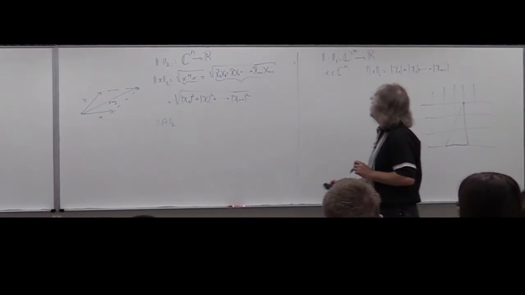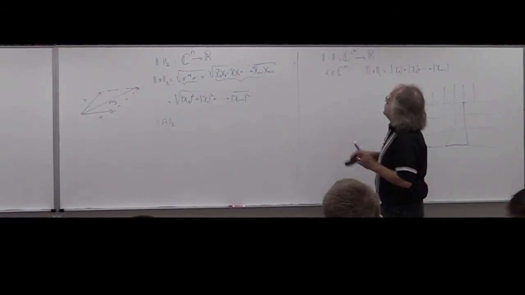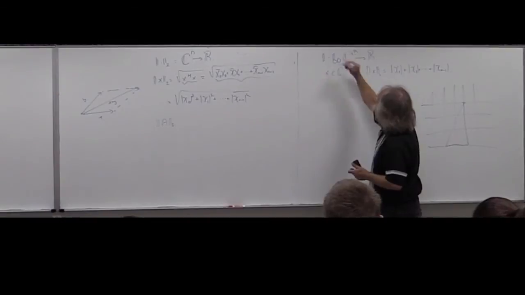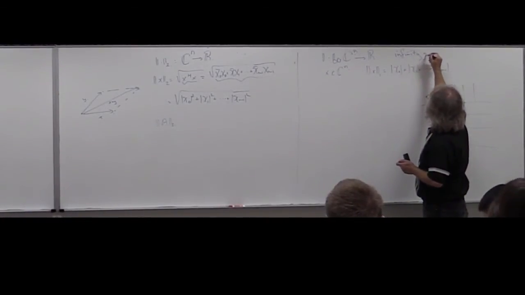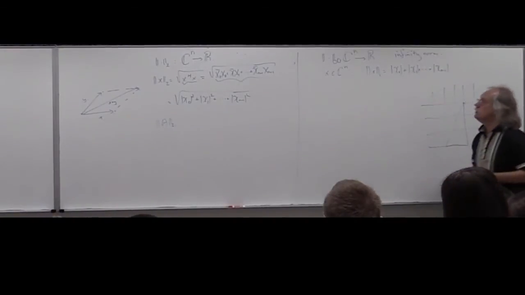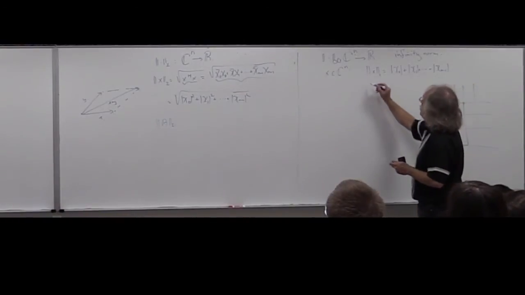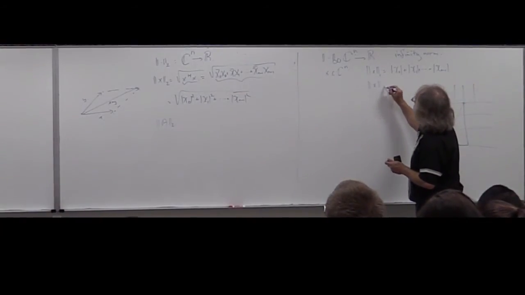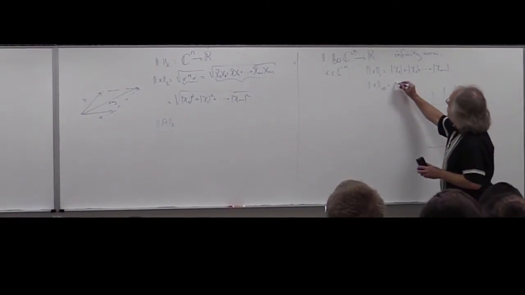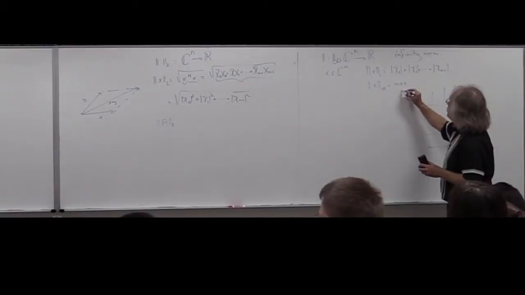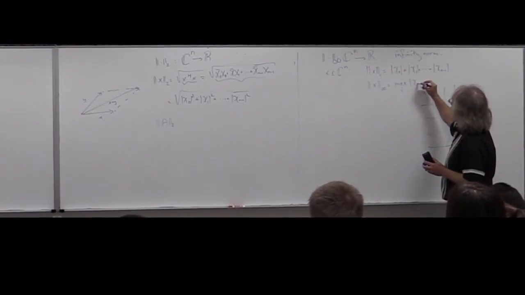So then, there is another norm that is going to be handy, and that's known as the infinity norm. And the infinity norm is defined as the maximum over all entries in the vector of the absolute value of those entries.